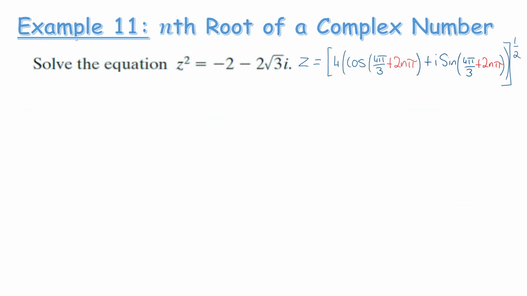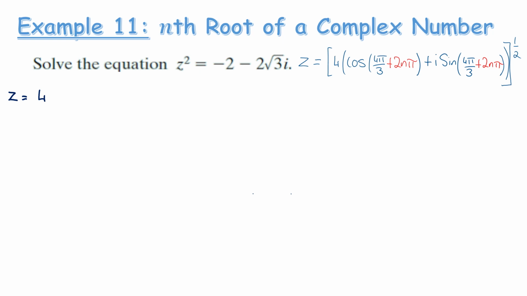Now that we have our general polar form, we're going to apply de Moivre. It's really important that you apply de Moivre after you have added in that rotation, so it has to be in general polar form first.